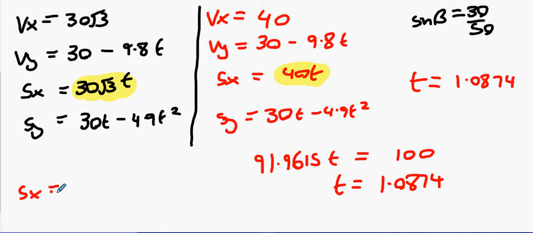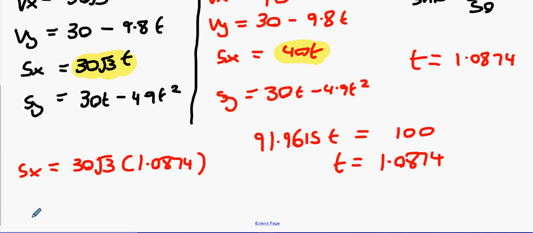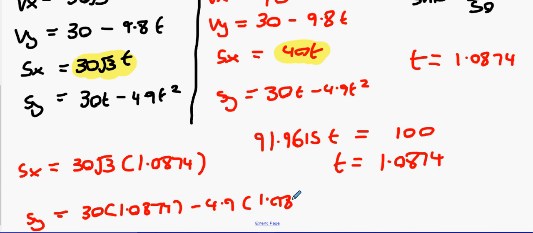Sx is 30 root 3 times 1.0874. Sy is 30 times 1.0874 minus 4.9 times 1.0874 squared.